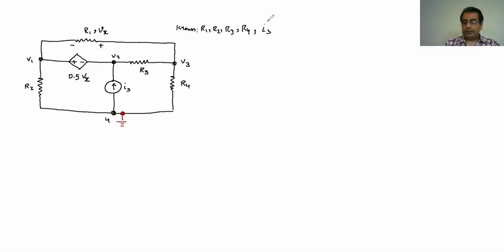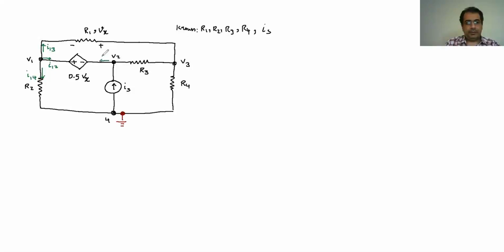Now, if I want to write that, the problem is that, if I see here, the current goes up here, I goes from 1 to 3, then the current goes here, I goes from 1 to 2, and then the current goes here, I is going 1 to 4.